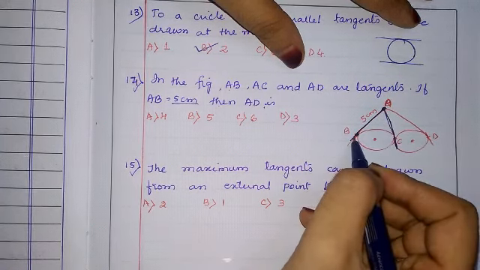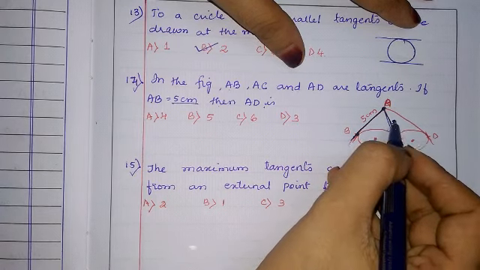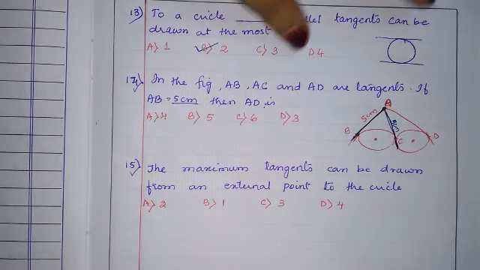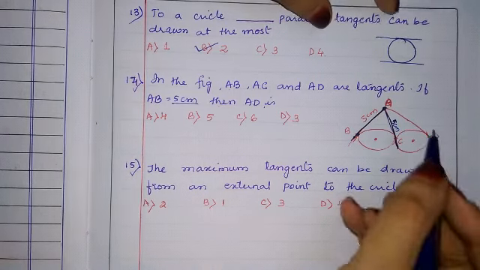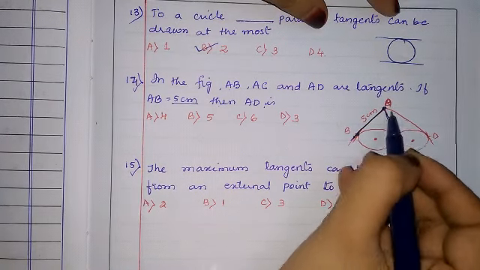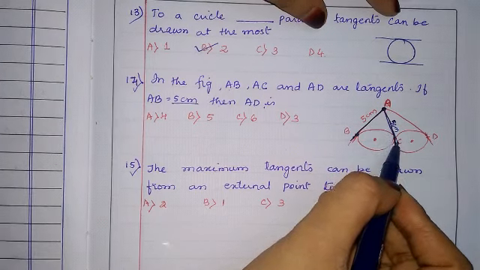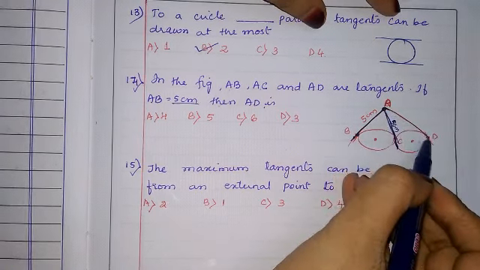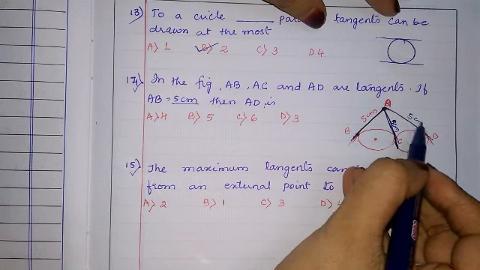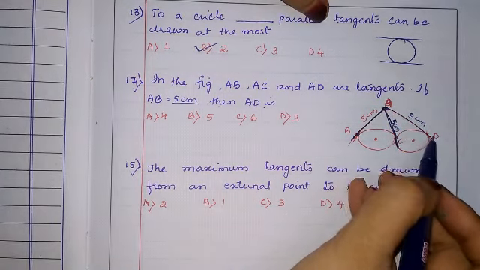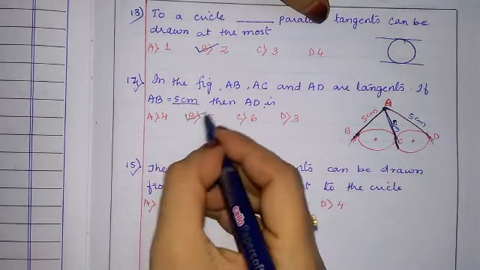So AB equals AC. AB is 5 centimeter means AC also will be 5 centimeter, and AC 5 centimeter means AD is also 5 centimeter. So the value of AD is 5.